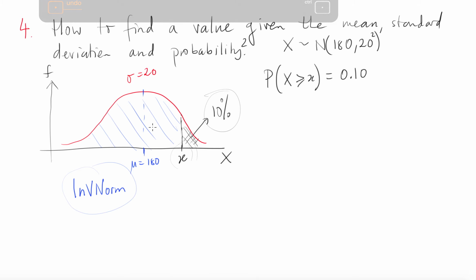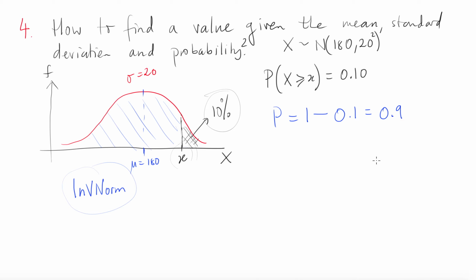So first I have to find out the probability in the left hand side of the tail, if you like. So the probability is going to be 1 minus 0.1, because this is the complementary event to that. So the probability of finding the value less than or equal to x is going to be 0.9.